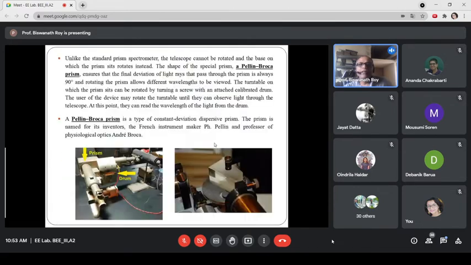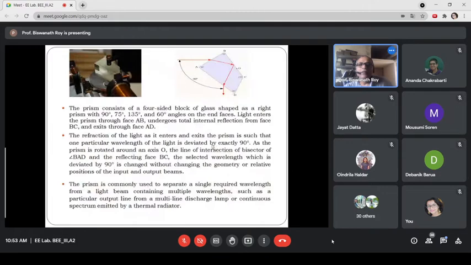So what is happening here? By virtue of the special shape of the prism, when the incident radiation is transmitted out of the prism, the deviation between the original direction and the refracted ray is 90 degrees.